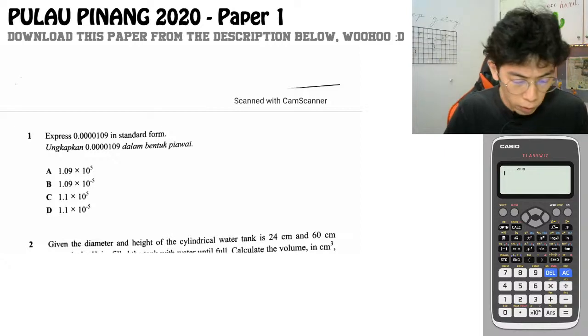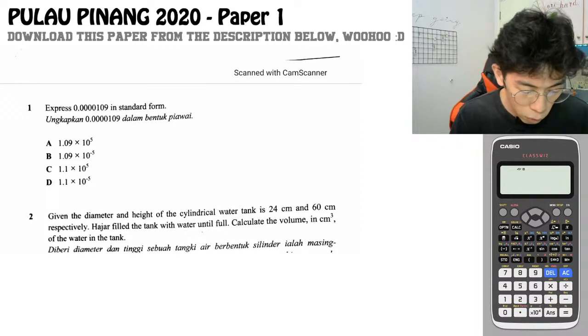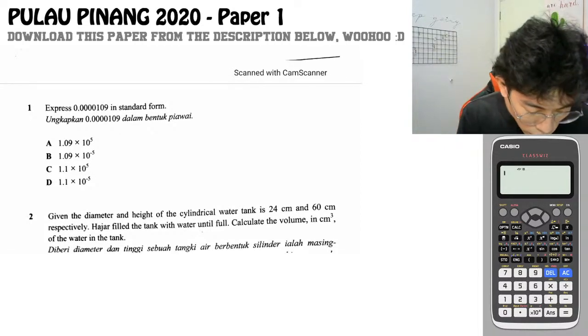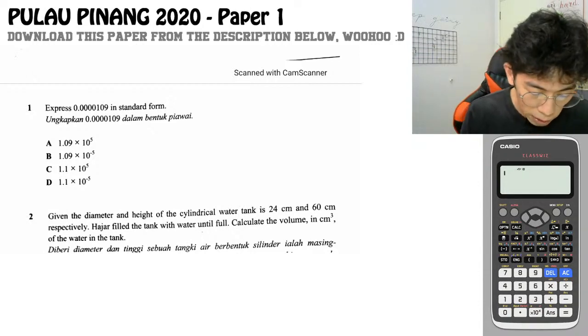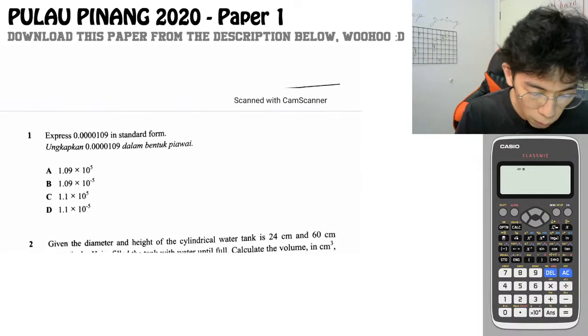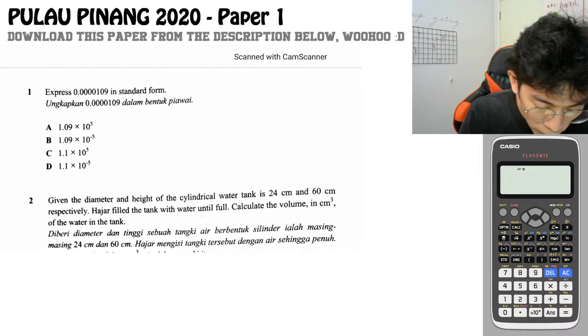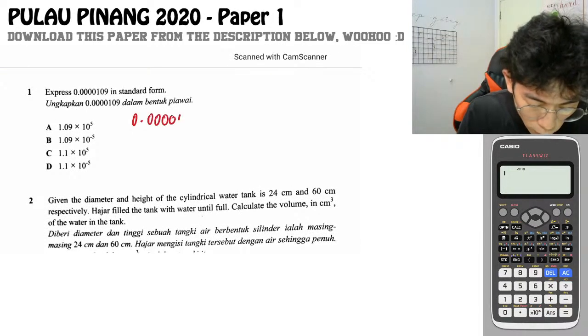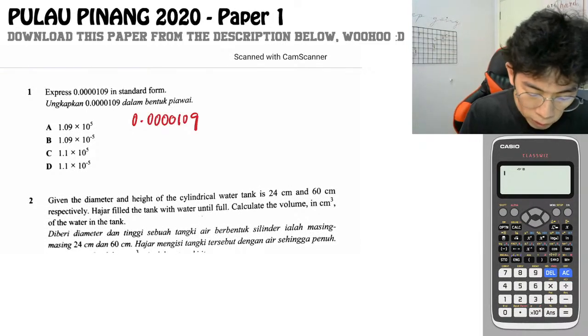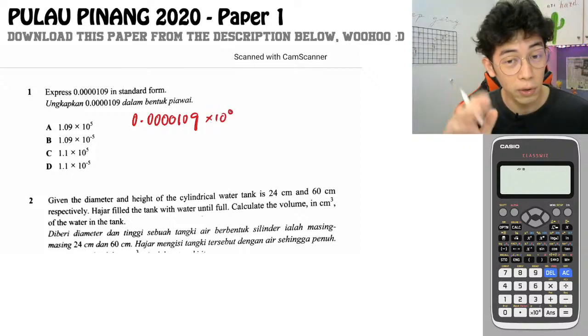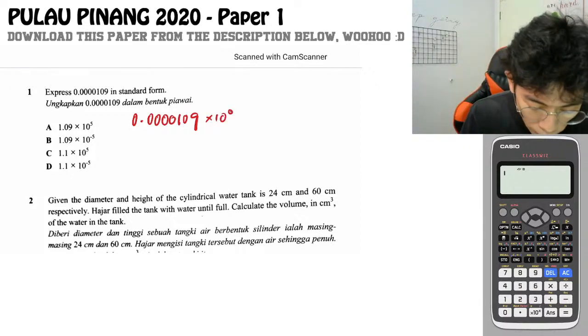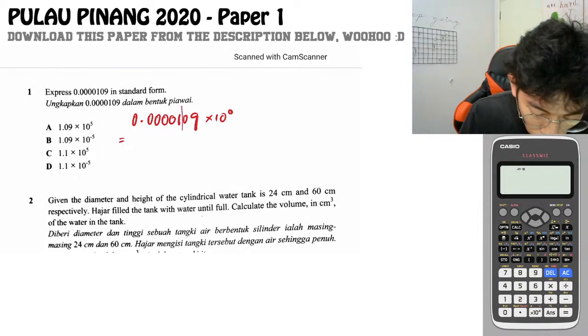So number one: express 0.00000109 in standard form. Look at how I look at the question itself. I'm gonna write this times 10 power 0. Of course, I know you can use a calculator, but I'm not doing that. For standard form, we cut off over here. So 1.09 is for sure.